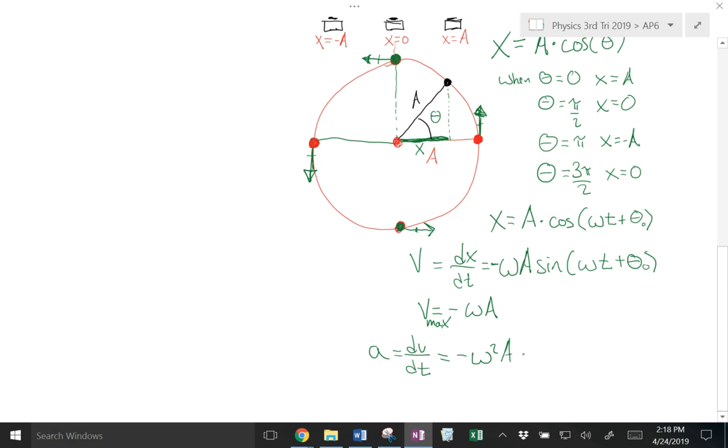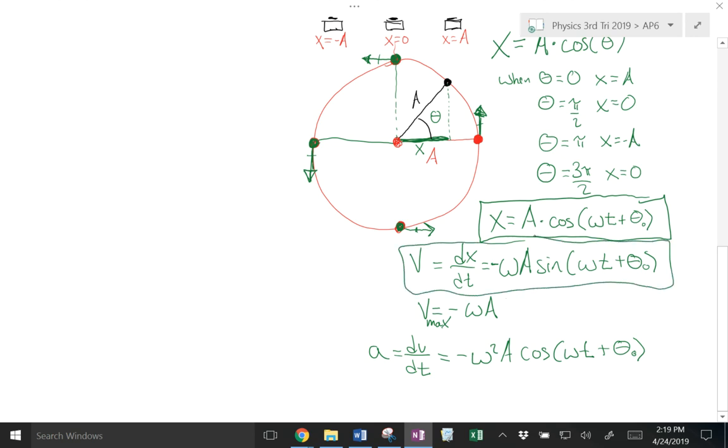So I'm going to get negative omega squared cosine omega t plus what I'm calling theta naught, but that's not how it works with the College Board. So we've got position as a function of time. We've got velocity as a function of time. We've got acceleration as a function of time.